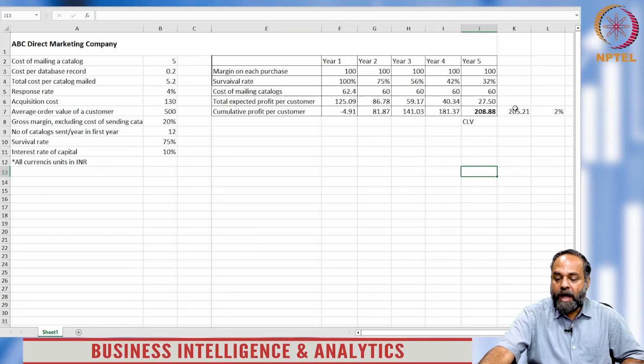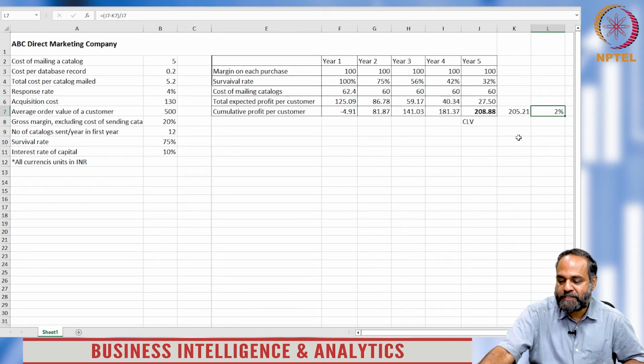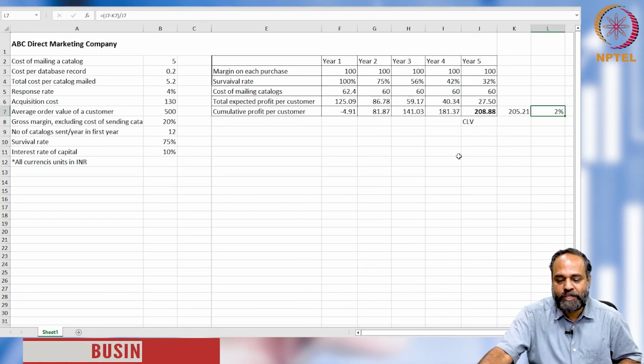I am here showing some other figures, like earlier we had estimated it as 205.21, and in that case we took the cost per mailing for the database cost as well. When we removed that, the CLV increased by 2%. Just leave that, that is very trivial.